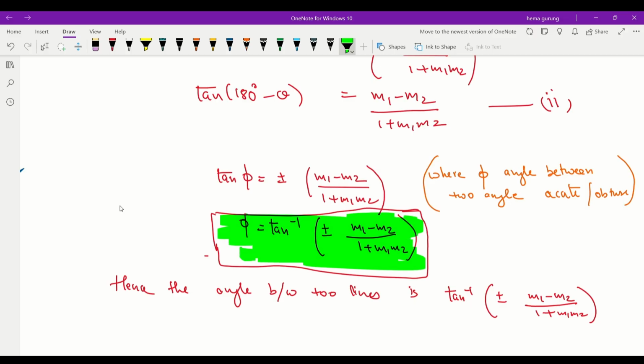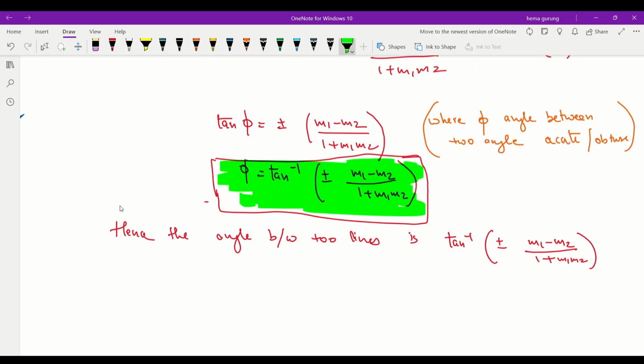Yes. Now there are conditions. Remember, tan is positive in the first quadrant and negative in the second quadrant. If we talk about the acute angle, when we compare with the quadrants, obviously acute lies in the first, whereas obtuse lies in the second quadrant.